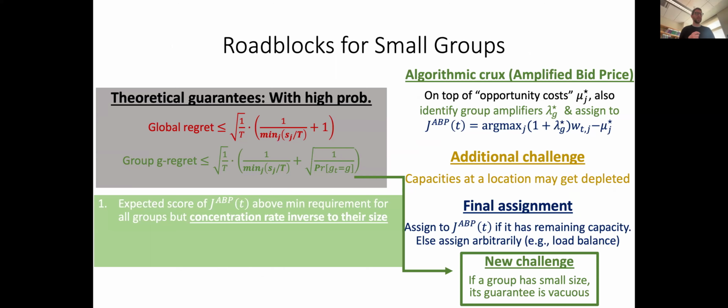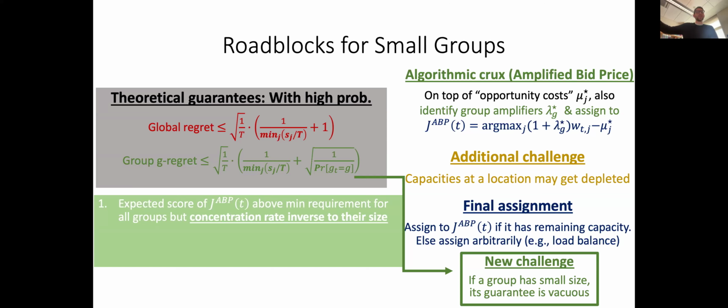One is, if we think about the expected score of an assignment, that is above the minimum requirement, but this concentration happens at a rate that is inverse to their size. Think of the central limit theorem. You're off by some square root in the number of samples.